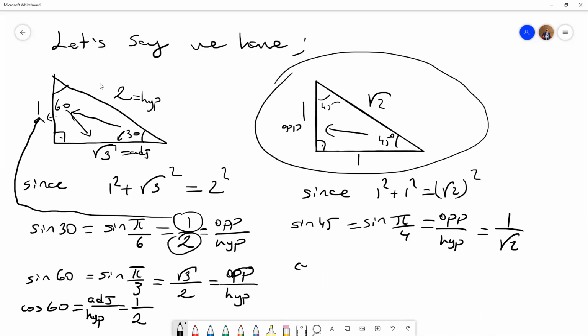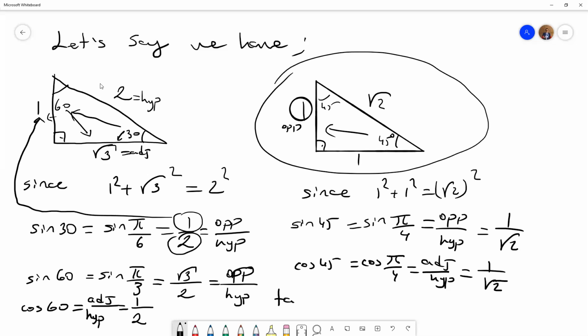And also cosine 45 degrees is the same as sine 45 degrees. This is adjacent over hypotenuse. So the adjacent of the 45 degrees is 1 over square root 2. So this is okay for cosine 45.